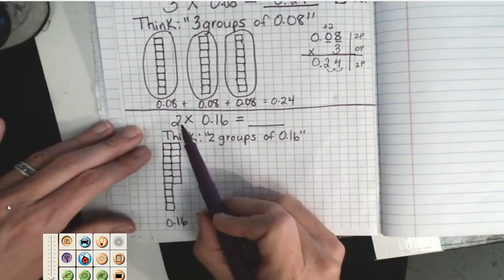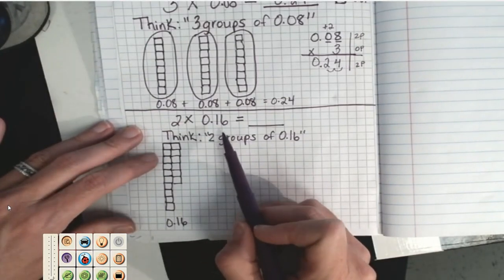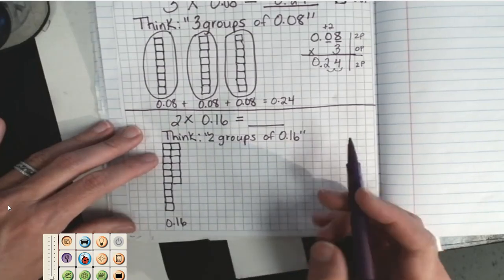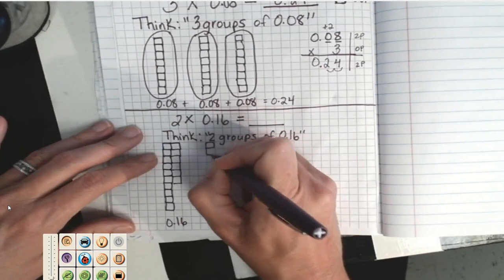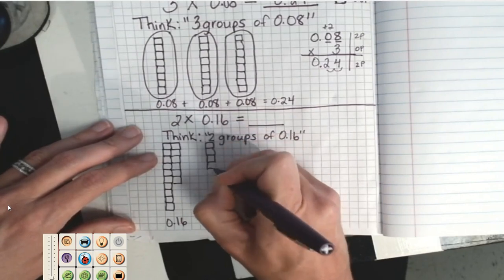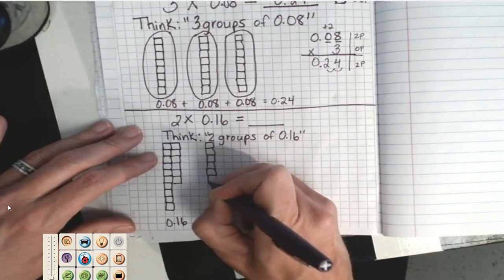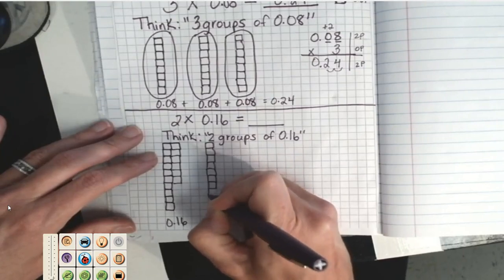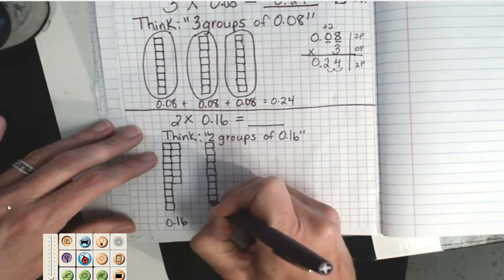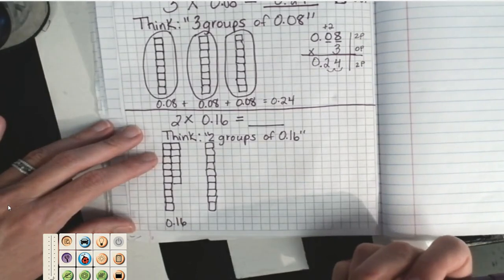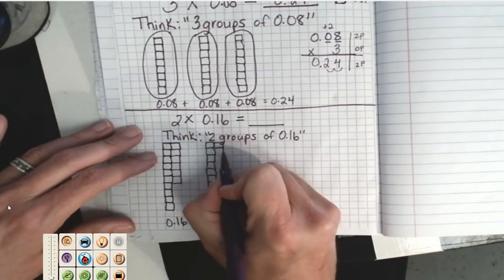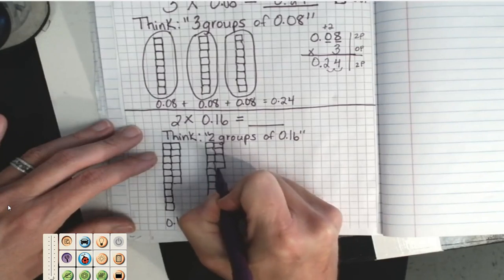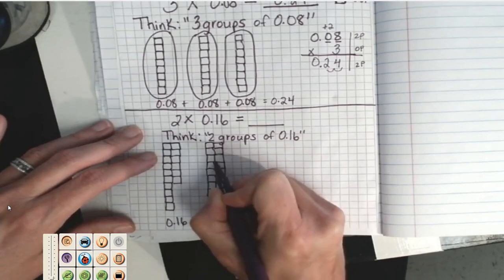This problem says 2 times 1600ths, so I need 2 groups of 1600ths. So I'm going to draw another group. 1, 2, 3, 4, 5, 6, 7, 8, 9, 10. Okay, and then I have to do my 600ths. So 1, 2, 3, 4, 5, 6.